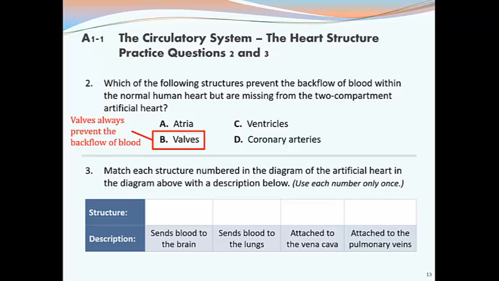Now, question number 3 says match each structure numbered in the diagram of the artificial heart and the diagram above with the description below. Use each number only once. Okay, so which one sends blood to the brain? Well, we probably want to have oxygenated blood coming to the brain. So that would be component number 2. Let's go back here. We can look back at the diagram.